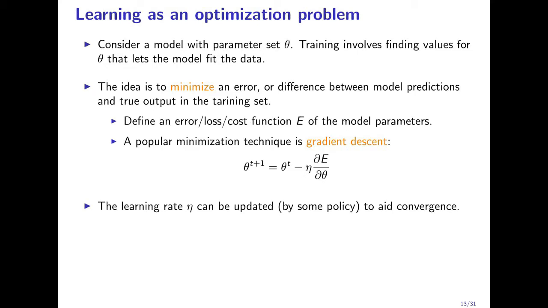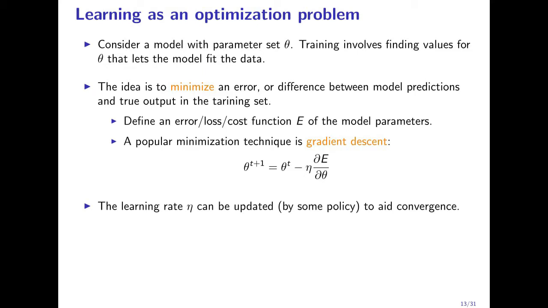The gradient, of course, gives us an indication of the slope of the surface. So if we want to keep going down, we basically have to move in the direction exactly opposite of the gradient. Okay, so that's the negative of the gradient. And this learning rate obviously controls how quickly we move.